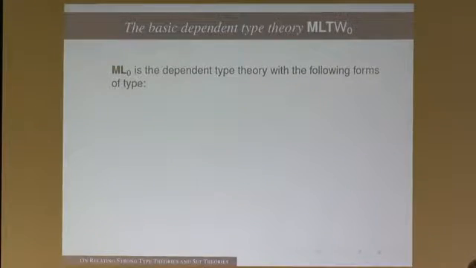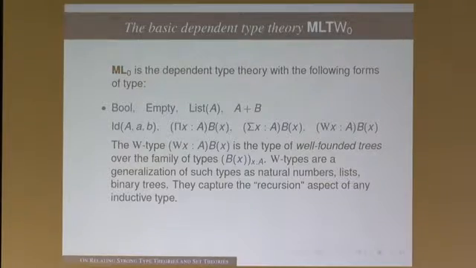And then, well, how do you develop mathematics in type theory? Well, you need certain type-forming operations, and here they are. So there's the usual stuff. This is the type of Booleans, the empty type. Then you can create lists over a given type A, the disjoint sum of 2 types.